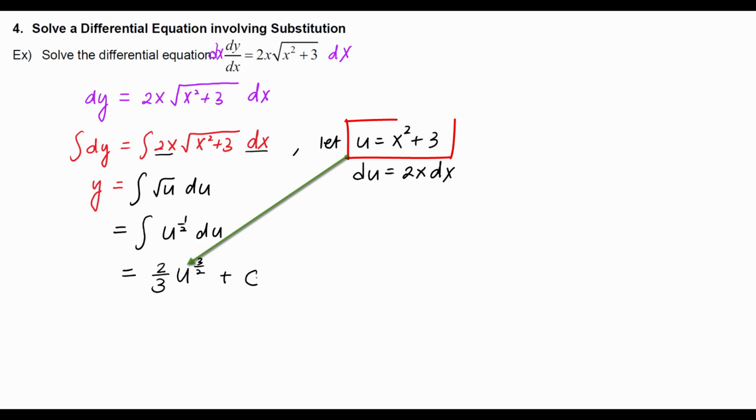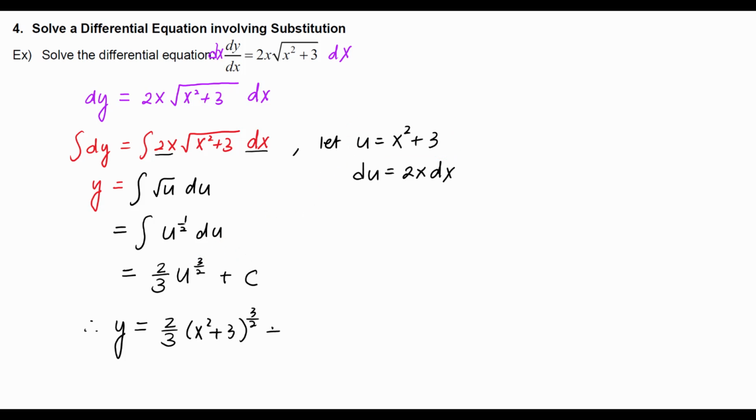And then we do back substitution. Since this is an indefinite integral, your y is equal to 2/3, and my u was x squared plus 3, to the 3/2 power plus c. So this is the general solution of the differential equation, and because they did not give you initial values, you will not have a particular solution.